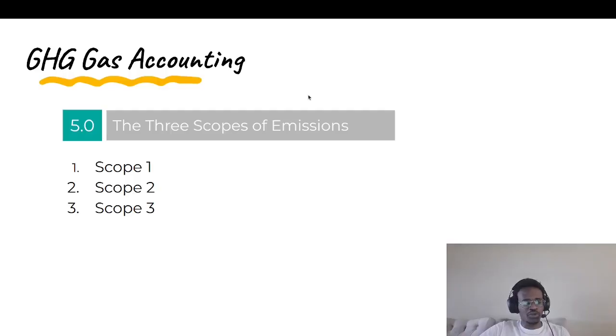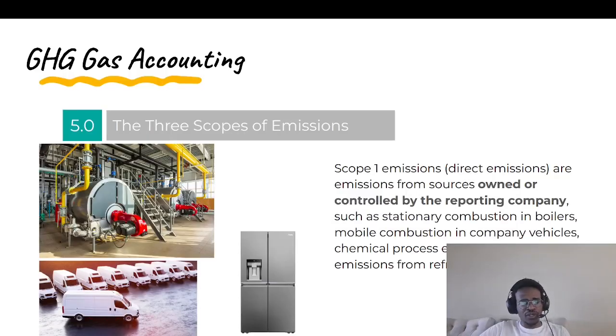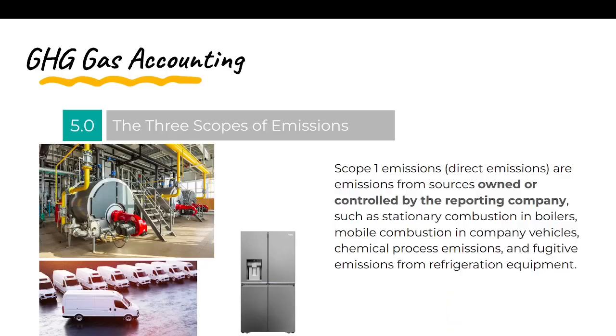So let's look at the 3 scopes of emission. We have scope 1, scope 2, and scope 3. For scope 1, these emissions are what we call the direct emissions. Remember, in the previous video we were talking about the operational footprint, and you also have emissions from the entire value chain of a company.